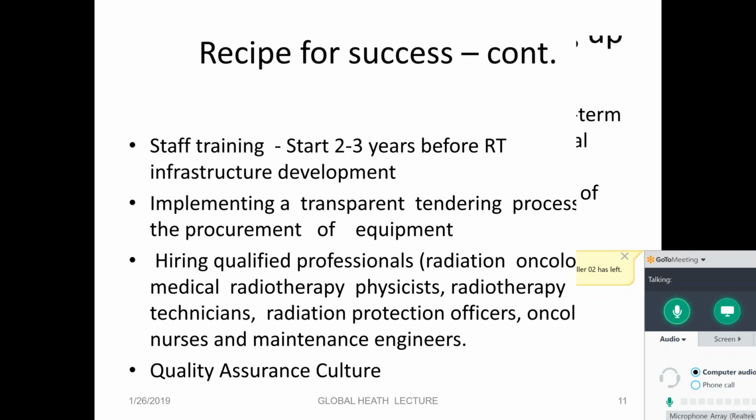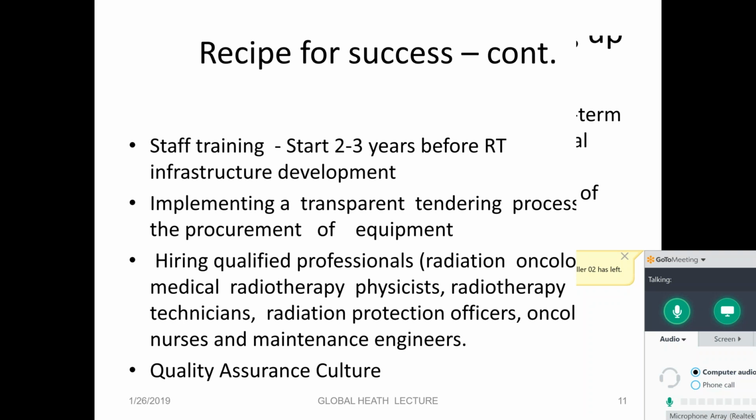The other thing that is very important, and I would like to stress this, is that we are going to procure a lot of equipment, and the tendering process should be very transparent. One should make sure that equipment which is bought is giving value for the money, and this can only be done if there is a transparent tendering process.